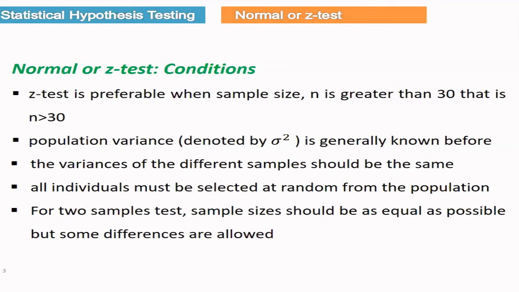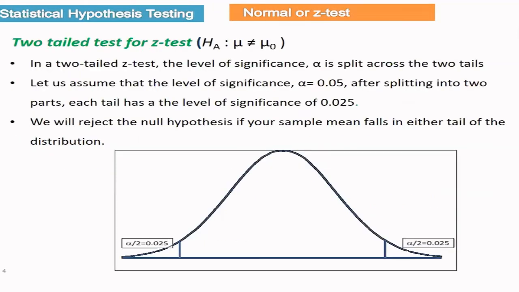Now let us go into details. We learn the two-tail test and the one-tail test. If we do the Z test for the mean, the two-tail test is mu, the mean, equal to some specified value. When you want a two-tail test, you have to split your level of significance into two parts, in two tails.